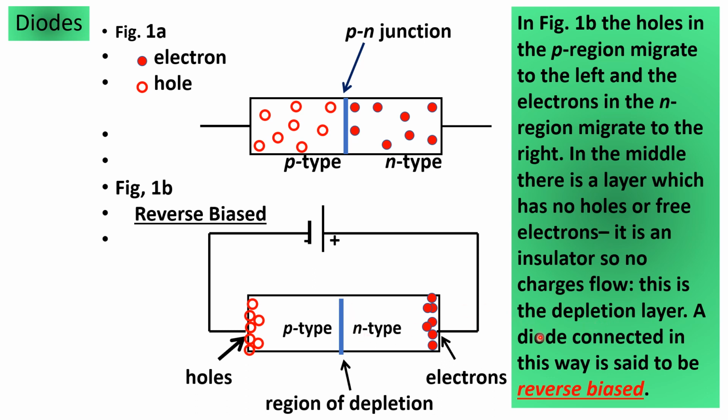A diode connected this way is said to be reverse bias. So you have to take note carefully. In a reverse bias, where there is no net current in the whole circuit, it is the p-type that is connected to the negative terminal of the battery, while the n-type material is connected to the positive terminal. Call it reverse bias.